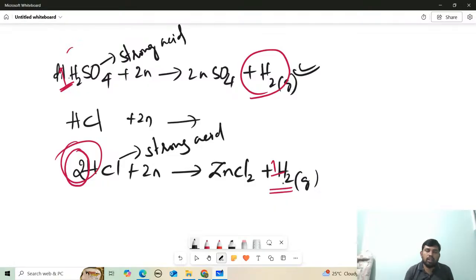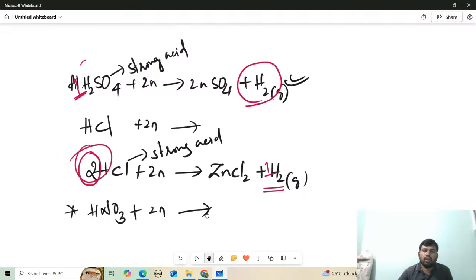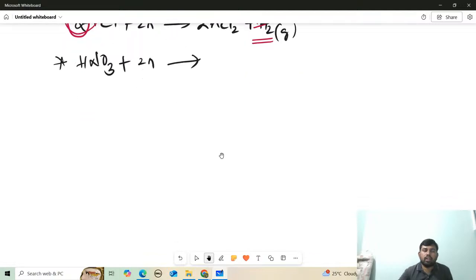Now they are asking to repeat the activity with one more acid, HNO3, with Zn. What is your expectation here, sir? I'm writing it here: diluted HNO3 plus Zn.